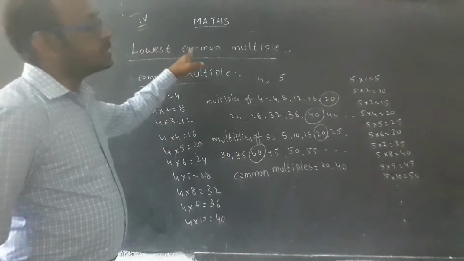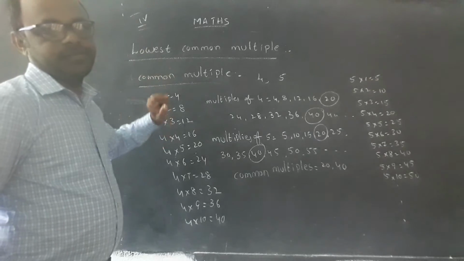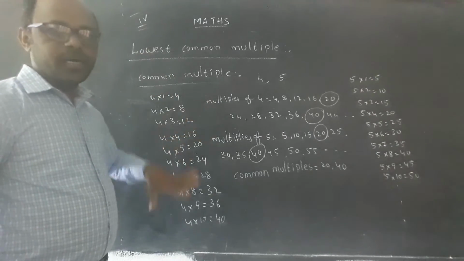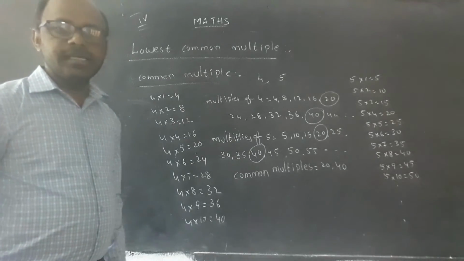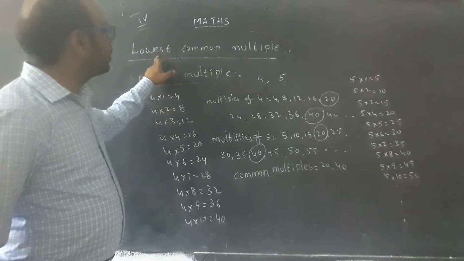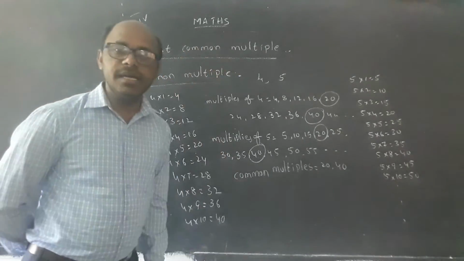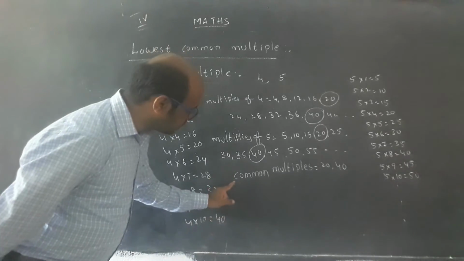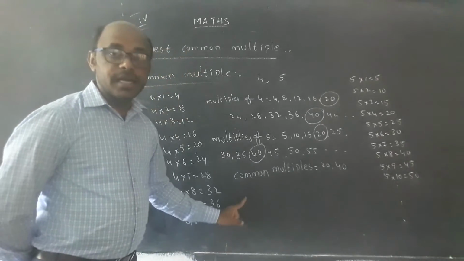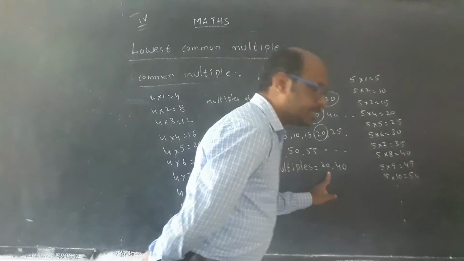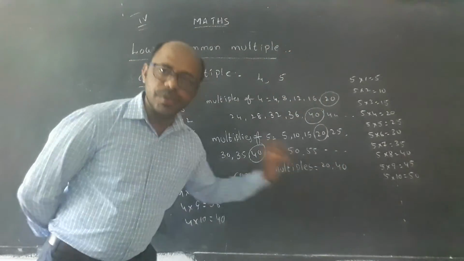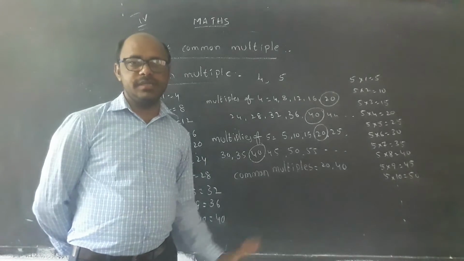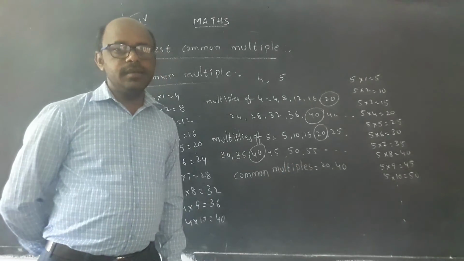Next, lowest means least, the smaller number, and we have to look for it in the common multiples. What are the common multiples? 20 and 40. These two are the common multiples.